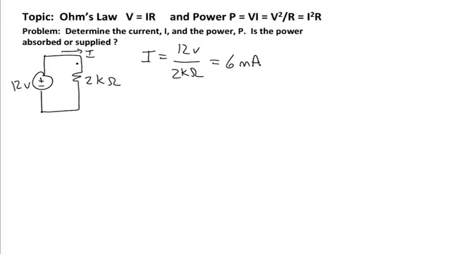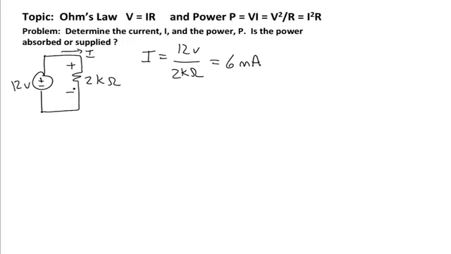And so in this case, if we assume that the current is entering the positive polarity of the voltage drop across the 2 kilo ohm resistor, then we would assign the polarity as shown across the 2 kilo ohm resistor.